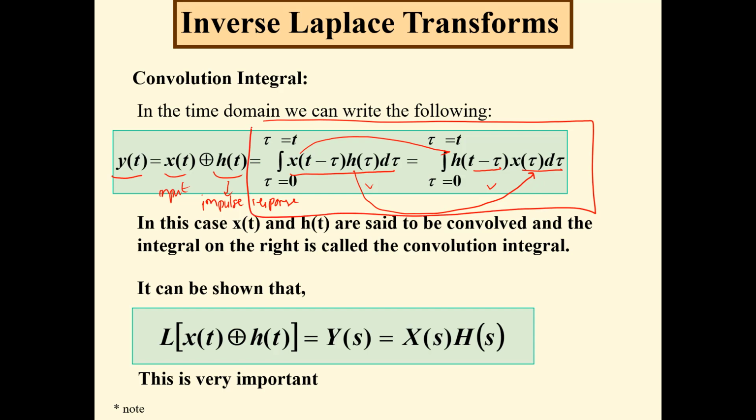Okay, so it can be shown that the Laplace transform of x(t) convolved with h(t) is equal to Y(s), the output in the S domain. So it's equal to X(s) H(s).